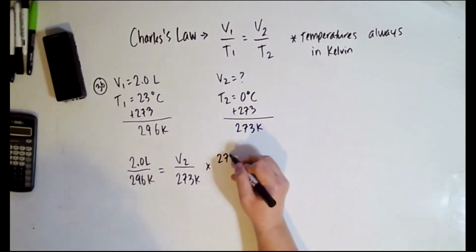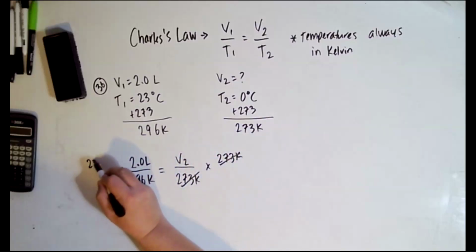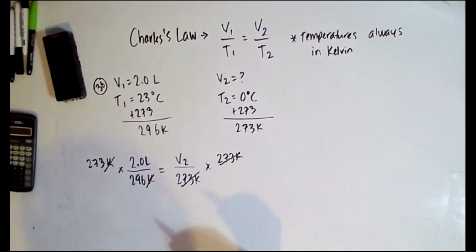So we're going to multiply both sides by 273 Kelvin. You see how our Kelvin unit cancels out there.